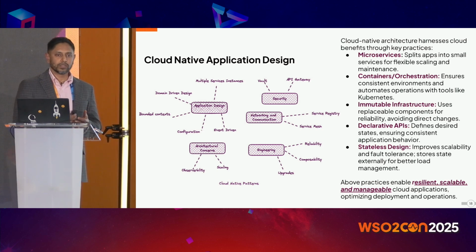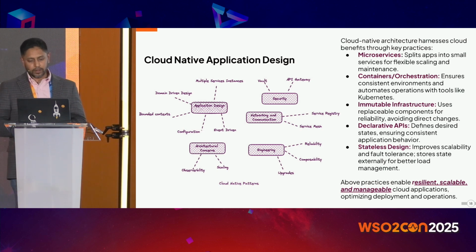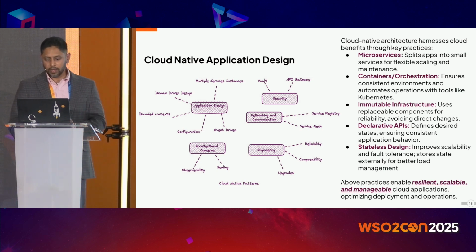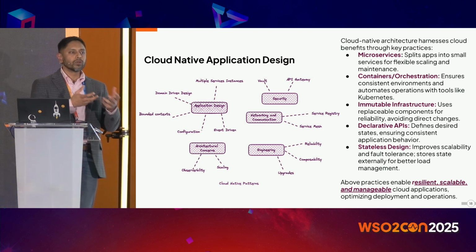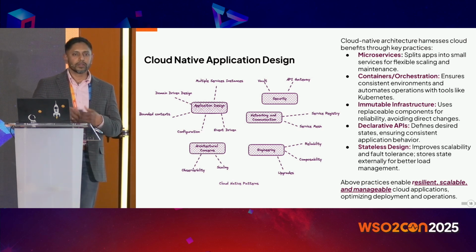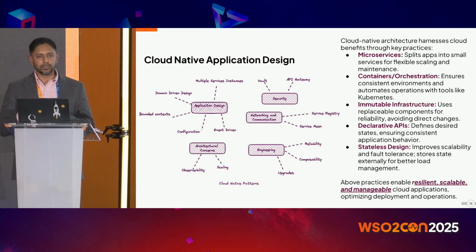There's a whole process involved to do immutable deployments. And then declarative APIs: you define the state that you want to be in, and the underlying framework handles the changes if there are any.